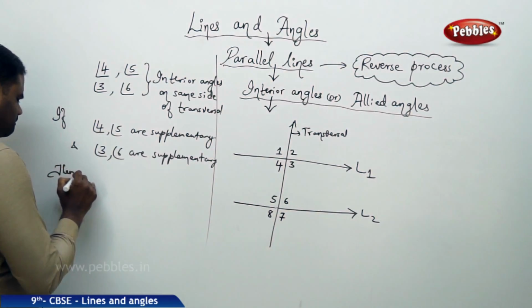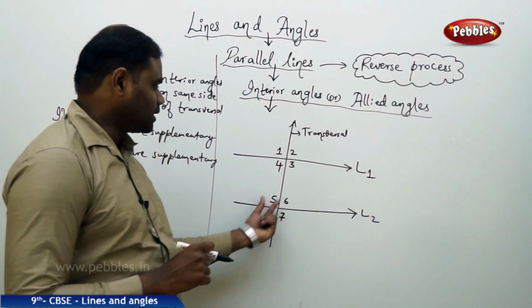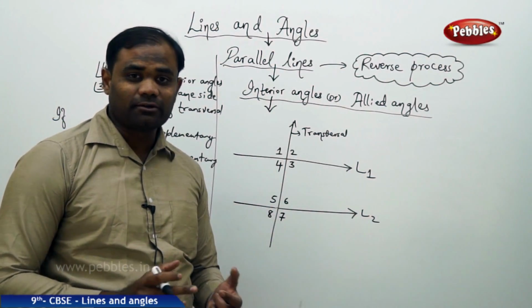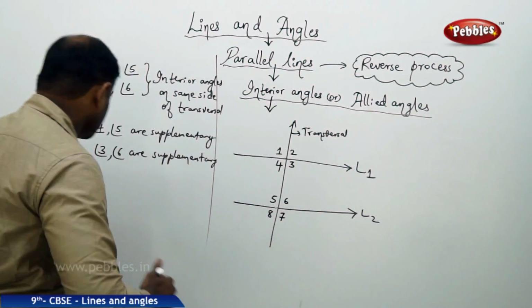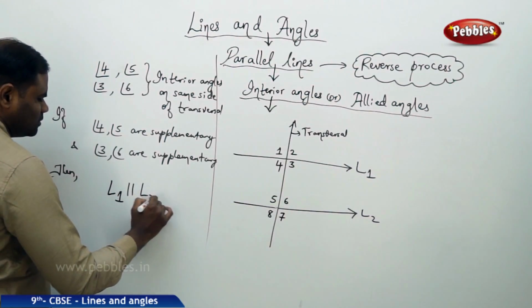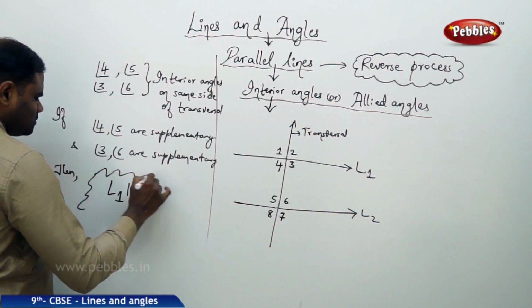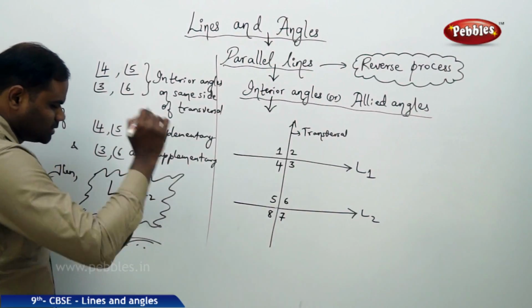then the reverse process says that given the condition that interior angles on the same side of transversal are supplementary, or the sum is 180, then L1 must be parallel to L2. That is how the condition states parallelity.